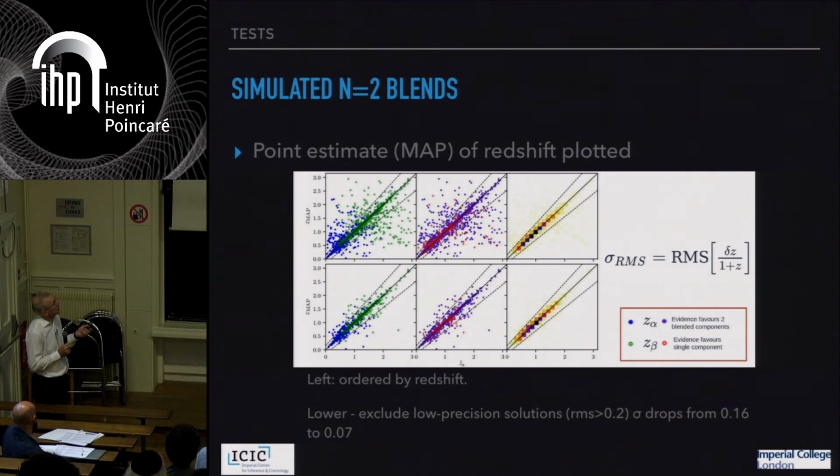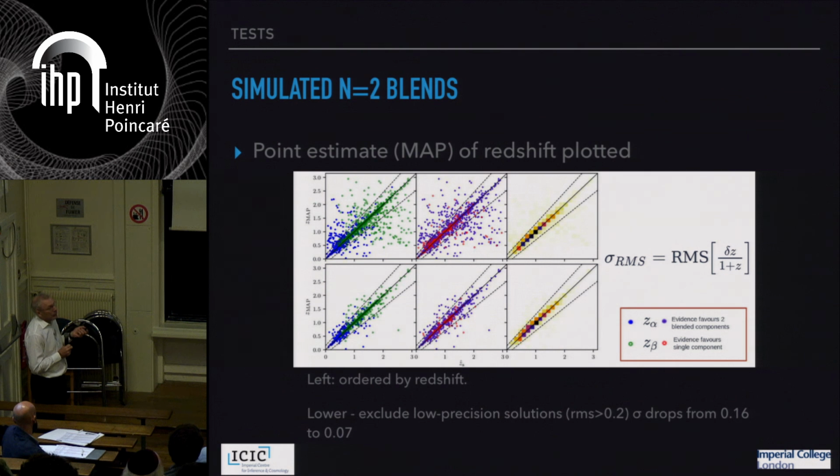So there's a slight Occam's razor that comes into this. If it doesn't feel that there's a necessity to include a second component, if it's very faint, then it will prefer a single component. So those are the red ones here. This looks fairly ratty, but there's quite a lot of points in here. If you plot contours, then it looks better. So there's a lot of points along the diagonal, which is not so apparent here.